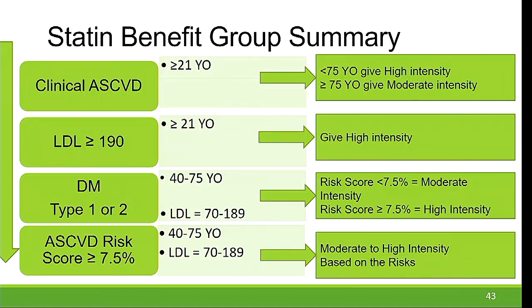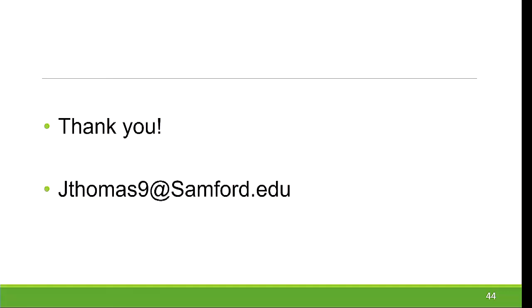This is not an all-inclusive list, but you progress down, over for criteria, and then over for treatment. I hope this helps with study purposes. Does anybody have any more questions? Y'all had great questions.